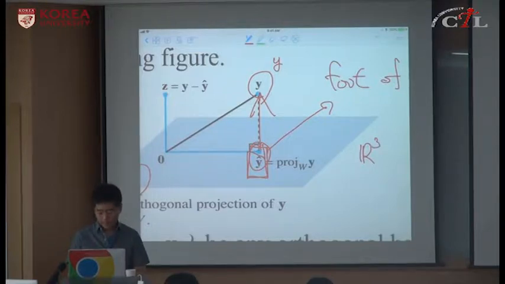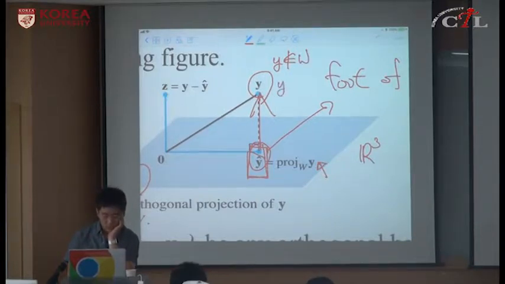Suppose our original space is R3, and this subspace W is spanned by two vectors, and thus its dimension is just 2. In general, y does not belong to our subspace W. But what if our y is already inside of our W? In that case, y is somewhere here.